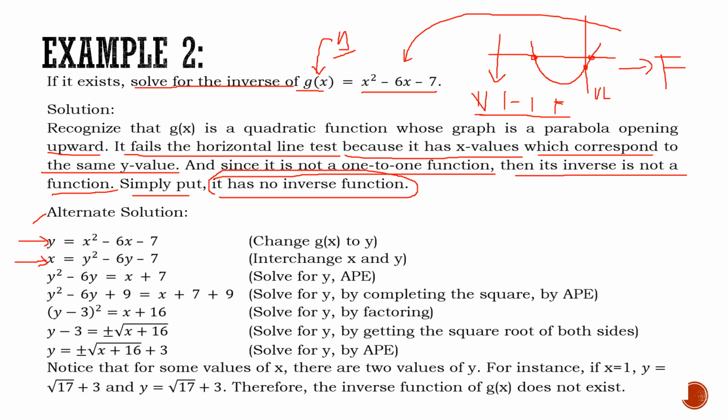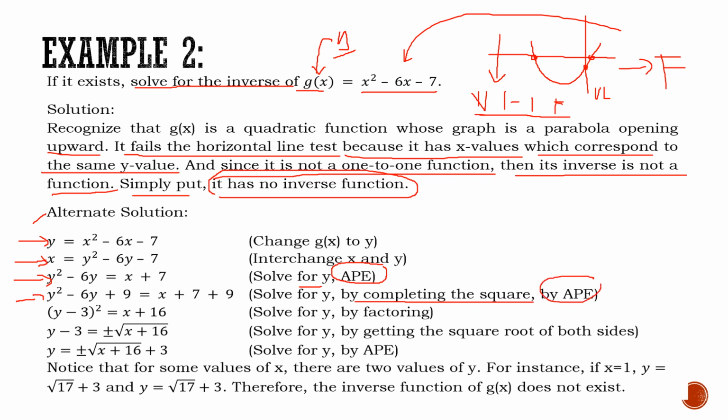Then solve for y. We're asked to solve for y in terms of x now using the concept of APE, the addition property of equality. By solving for the y variable, we just rearrange the given terms. We put all your y variables at the left side of your equation and all your x variables and constants on the other side. Then the next thing to do is to apply the process of completing the square by APE.